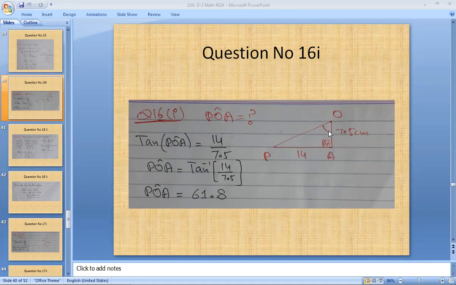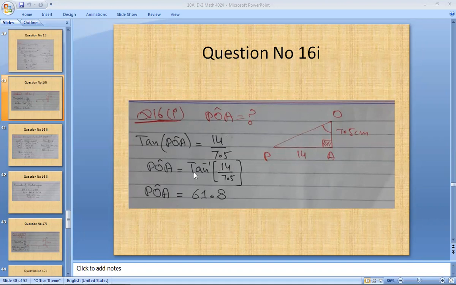And we want to know this angle. If I take this angle, then this will be my base, and opposite to that, this will be my perpendicular. The ratio between the perpendicular and the base is tan. So I will use tan. Tan POA, this angle which I want to know, is equal to the perpendicular by base, that will be 14 by 7.5.